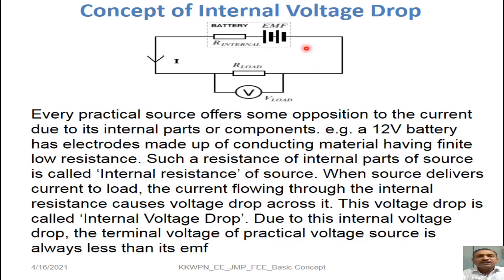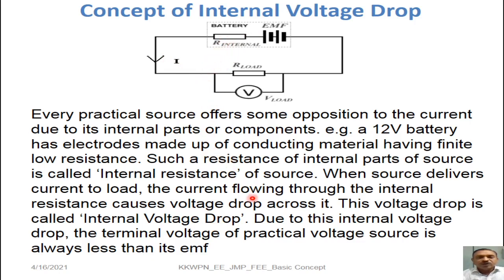When the battery, that is its EMF, electromotive force, supplies current to the external load, the same current will flow through these materials that we term internal resistance. So there will be a voltage drop inside this internal resistance, and that voltage drop is called the internal voltage drop. This internal voltage drop depends on two factors. First is the amount of current, and second is the value of the internal resistance itself.